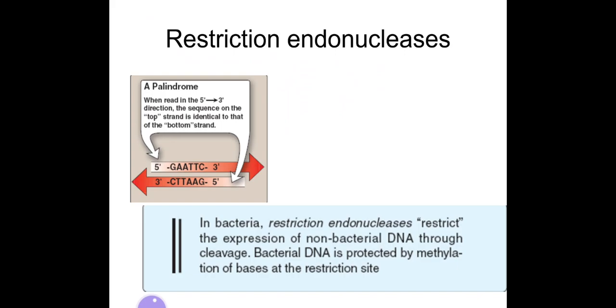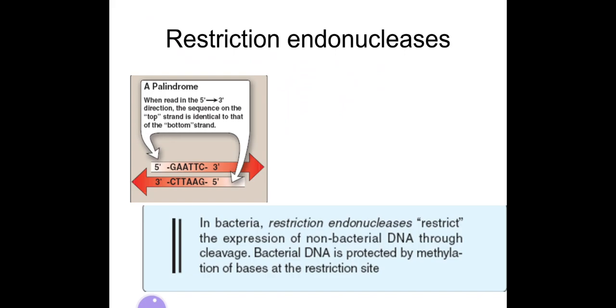Restriction endonucleases are natural enzymes which scientists isolated from bacteria. And what is the purpose and function of these enzymes inside the bacteria? They are naturally present in the bacteria.